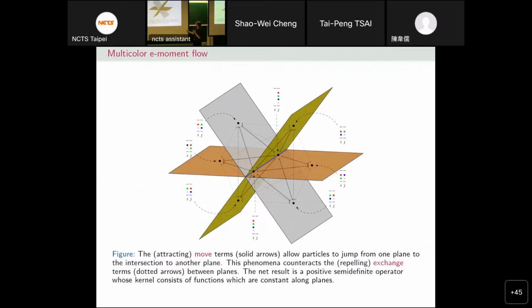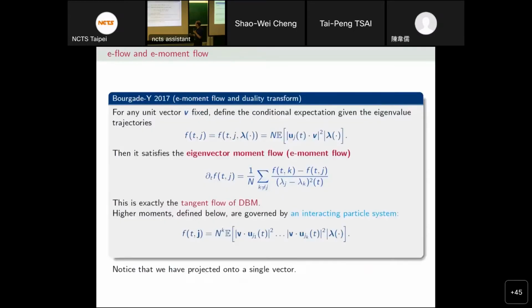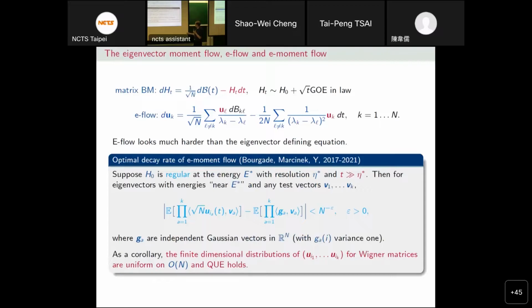This was just a few cases. You can see the different colors mean different test vectors. And the dynamics is actually extremely complicated. And what we did was we analyzed this very complicated dynamics and looked at the moments to get this result, that this expectation will converge to the Gaussian measure.